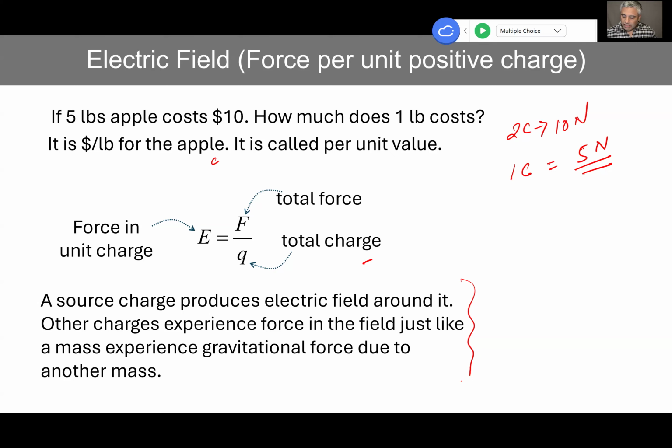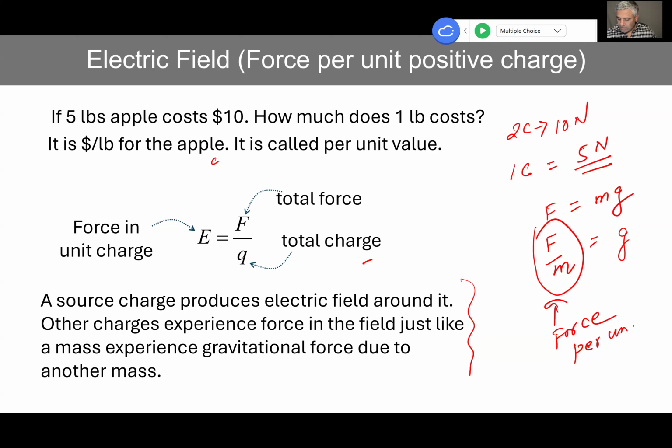And remember, we said gravitational force F is equal to weight, and g was F over m. So this is force per unit mass.